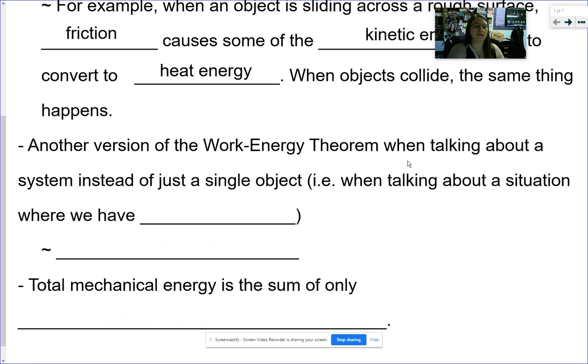Now, we talked about the work energy theorem for just a single object, right? Which was that work net equals the change in kinetic energy: kinetic final minus kinetic initial. That was back before fall break. Now, when we're talking about a system, a system is when we have situations with potential energy, because you can only have potential energy if we're talking about the forces between 2 things.